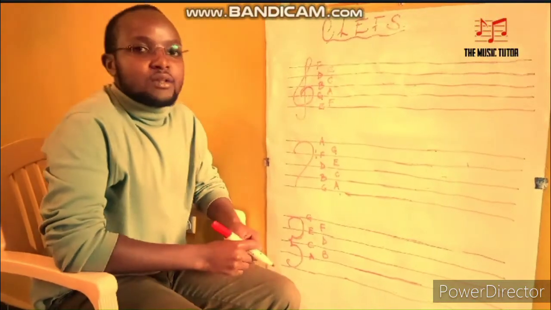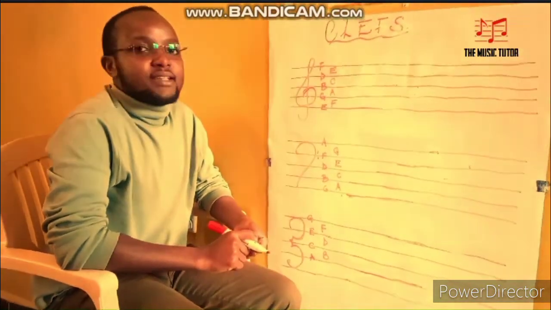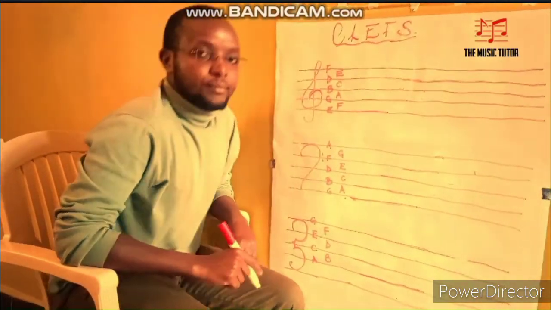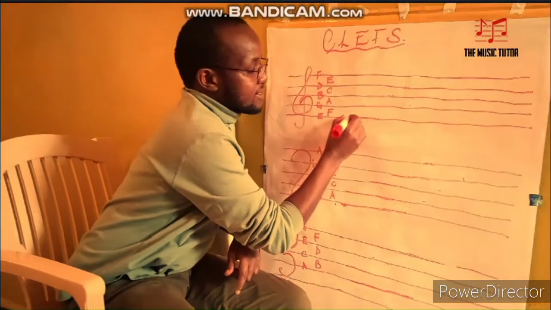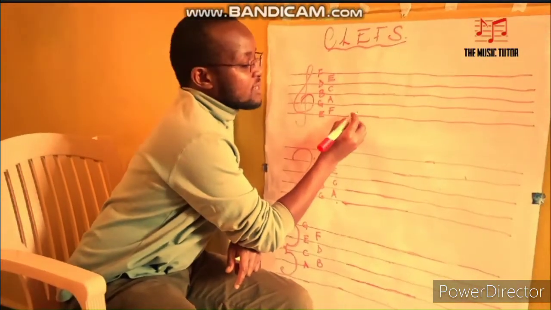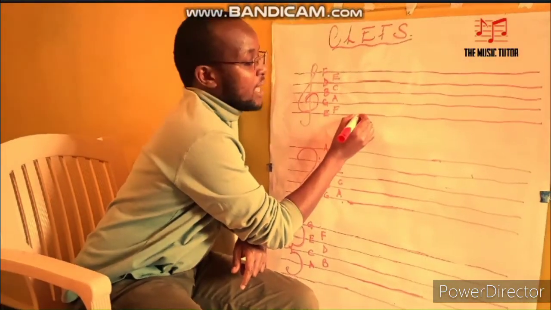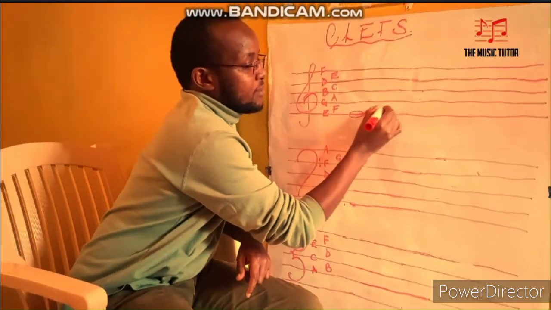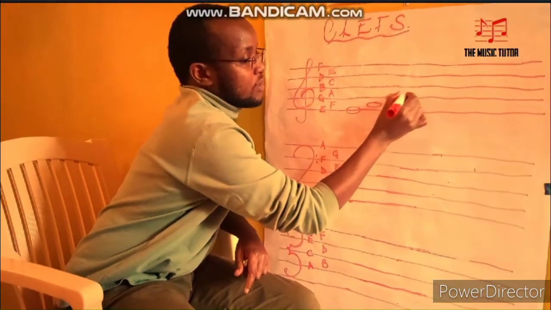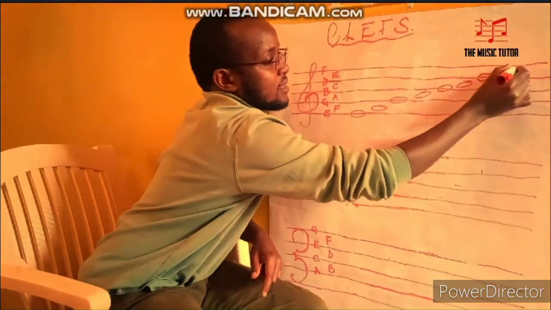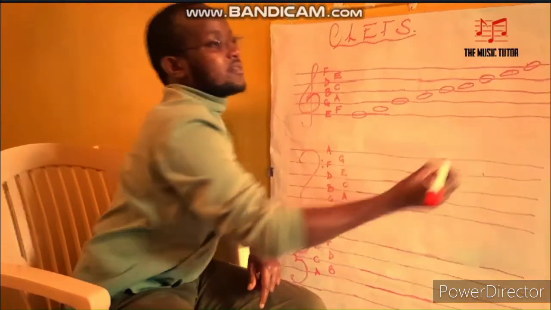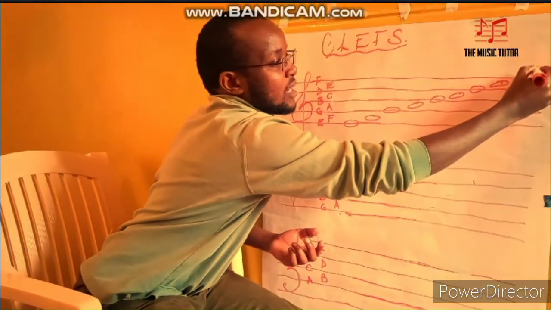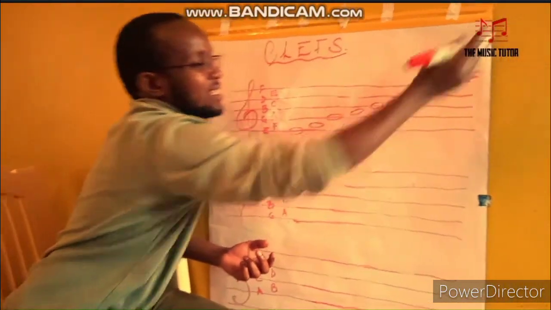Let us learn to write notes on the staff of different clefs. We shall start with the treble clef. You write from below. The first line, we shall use the semi-brief. We continue writing. And in the former lesson, we had learned how to introduce a ledger line. So we can write on this page and introduce a ledger line above.